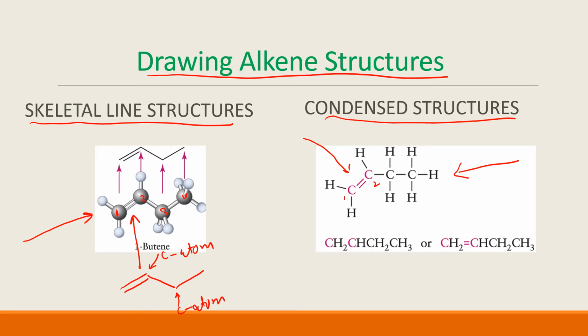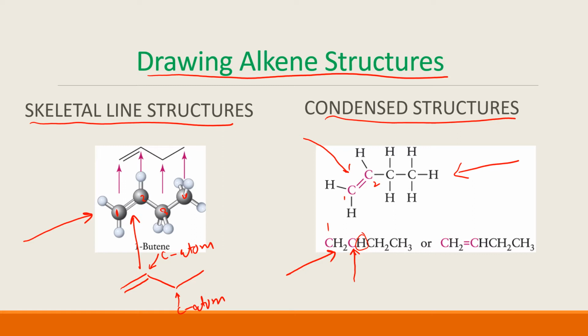When we write the condensed structure, we do not show the double bond or even single bonds, we only show the carbon atoms and hydrogen atoms. But we can see that carbon number 2 contains only one hydrogen atom. So from that we can figure out that there is a double bond between carbon 1 and carbon 2. So this is the condensed structure of an alkene.